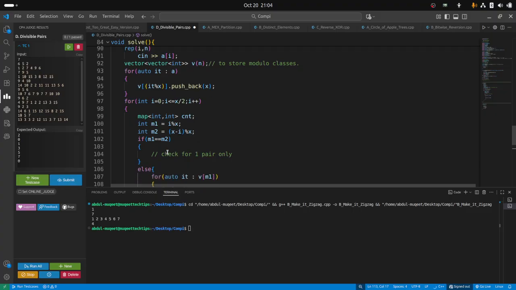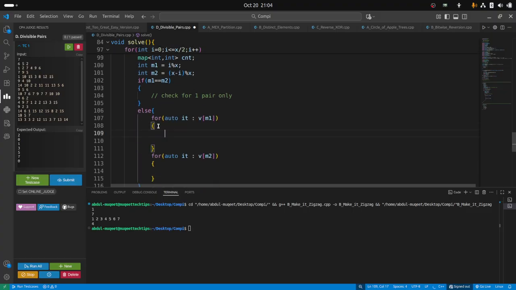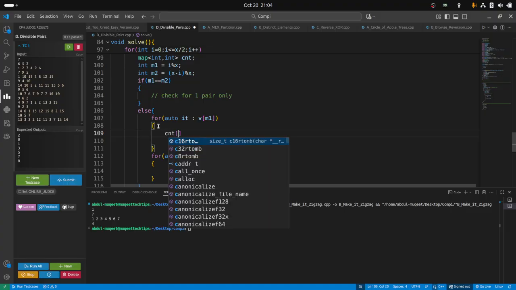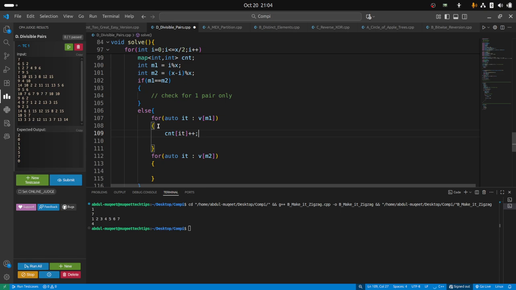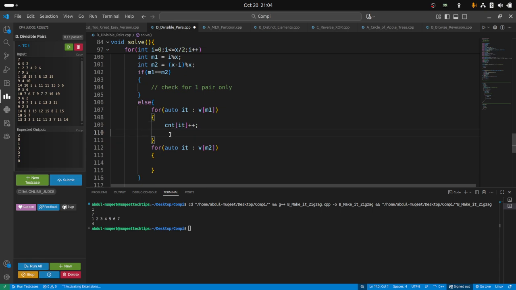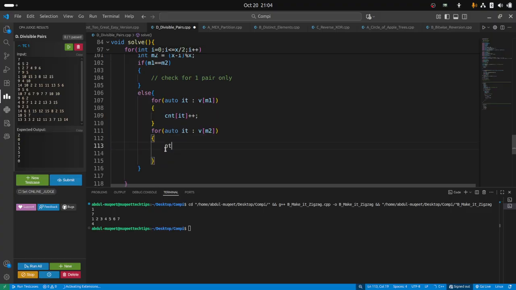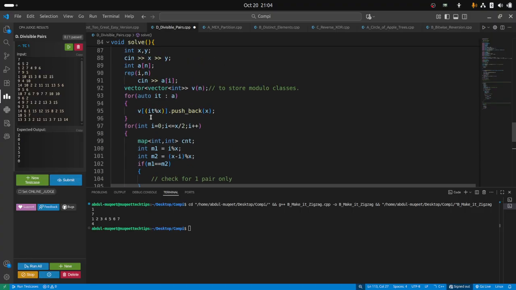Fine. Now, what I need to do is basically count of IT plus plus, and the same thing applies here. Count of IT plus plus, and I'll be defining number of pairs here as 0.